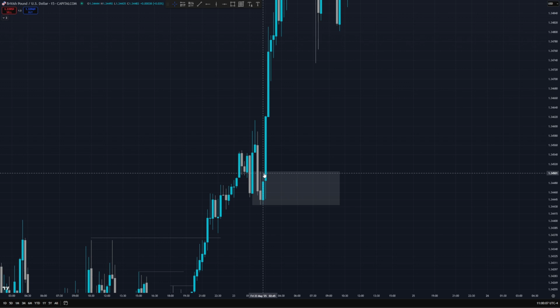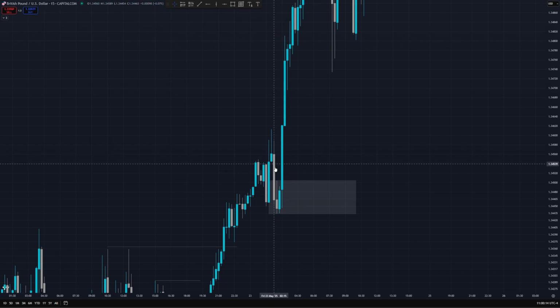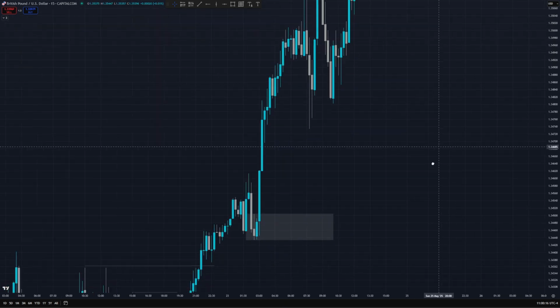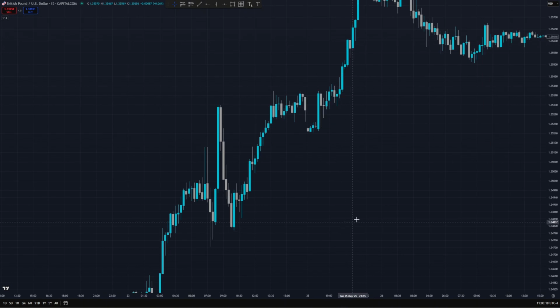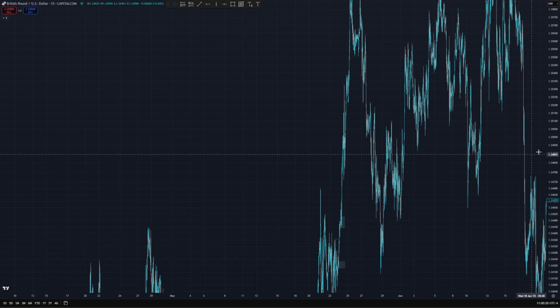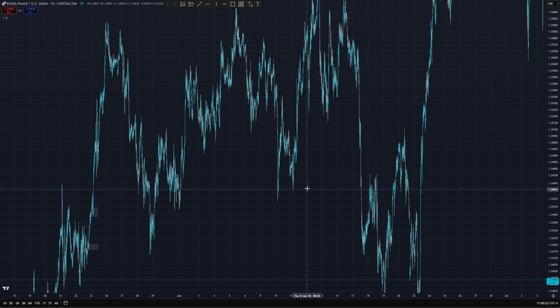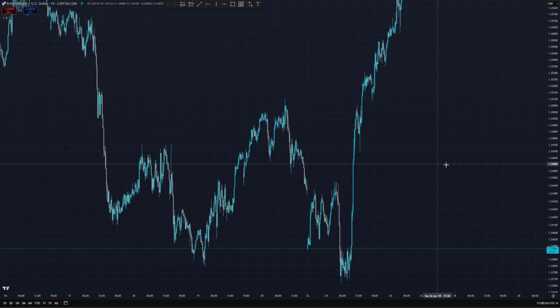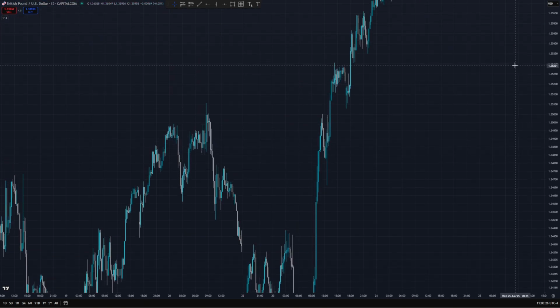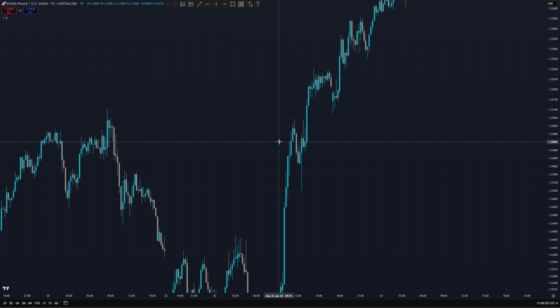Price has gone up, taking out highs, leaving a nice big gap. Now here as well, the last down candle before a big move up.